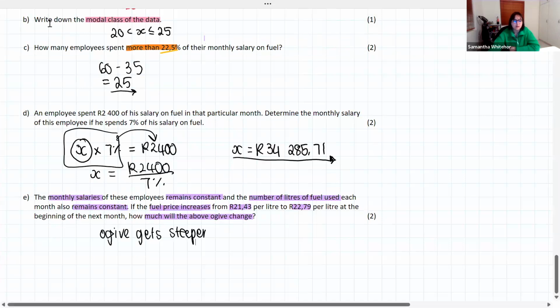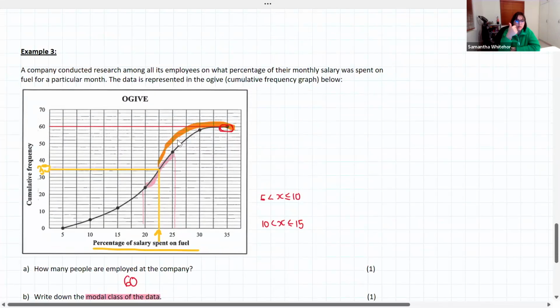So, same income, same percentage spent on fuel, but the fuel is more expensive. So what that means is that there are going to be more people falling into the lower intervals. Because if you're spending the same percentage, but it's more expensive, you're actually buying less fuel.